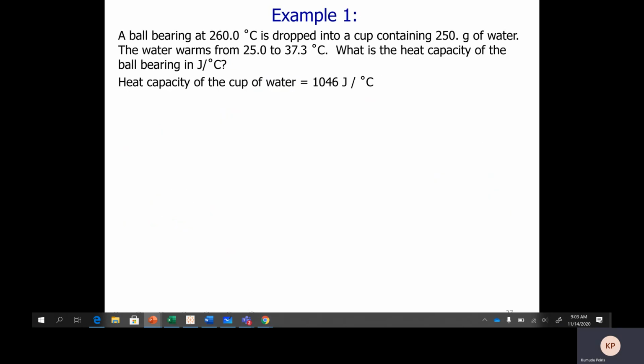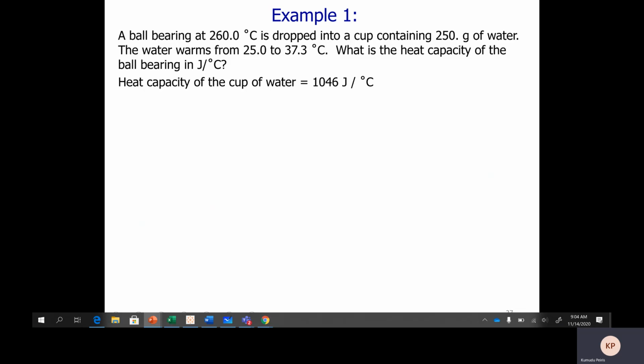Okay, let's see how we can do this problem. A ball bearing at 260.0 degrees Celsius is dropped into a cup containing 250 grams of water. The water warms from 25.0 to 37.3 degrees Celsius.